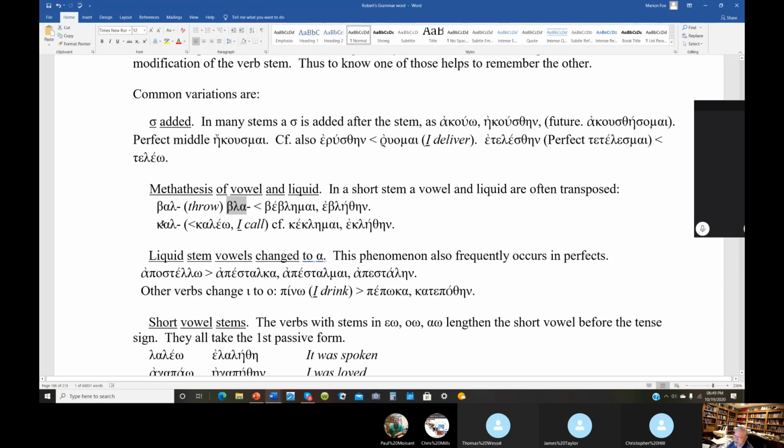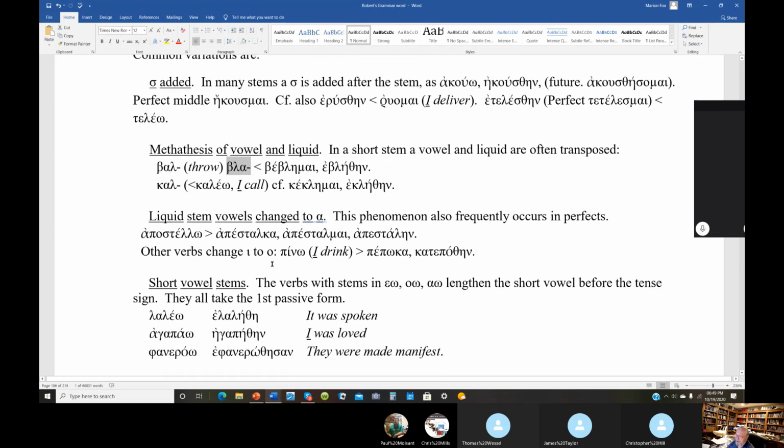I pointed that out in kaleo also. Those two words are found quite a few times. And so it reverses as well. So we do have a change in the form. It reverses. Instead of BAL, it becomes BLA, beta alpha lambda, beta lambda alpha. So that happens on a few of them right there. All right. Other questions?